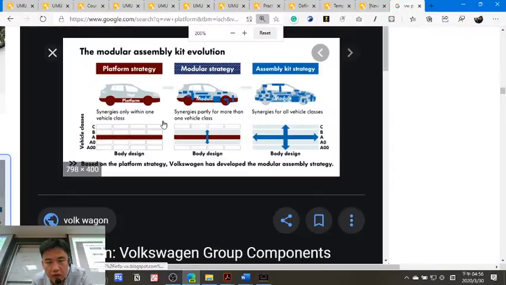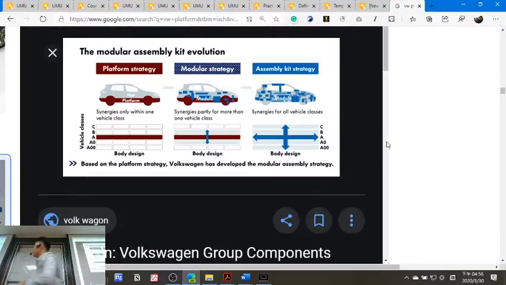Yeah, so you can check this. Volkswagen Group tried to leverage the existing components and the platform. So they can leverage their platform to manufacture different types of cars, and they can cross different brand labels.